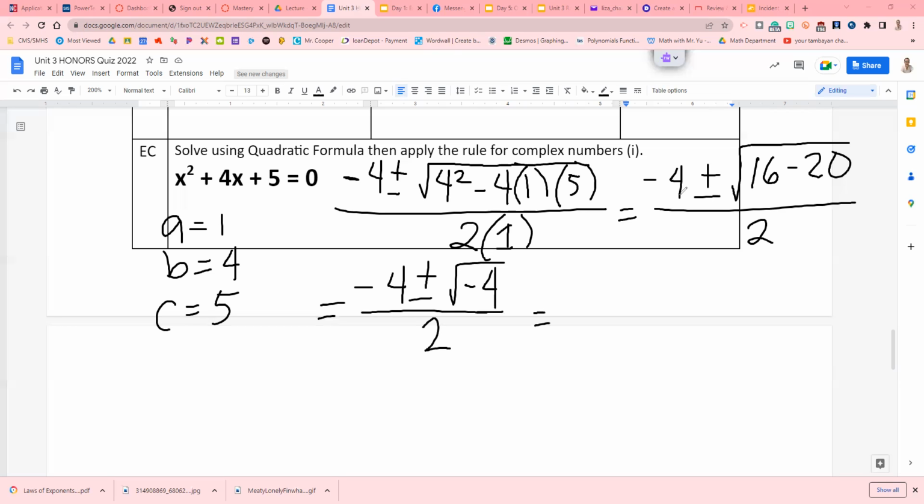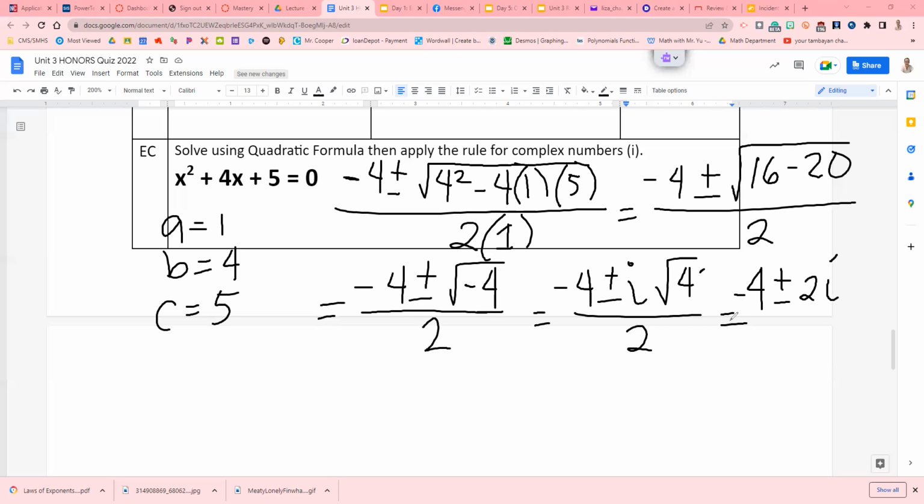Now, applying complex numbers, where there's no negative under the radicand, you can have i square root of 4 divided by 2. Since 4 is a perfect square, so negative 4 plus and minus 2i. Again, this 2 is 2 and 2, cancel and take 1, divided by 2.